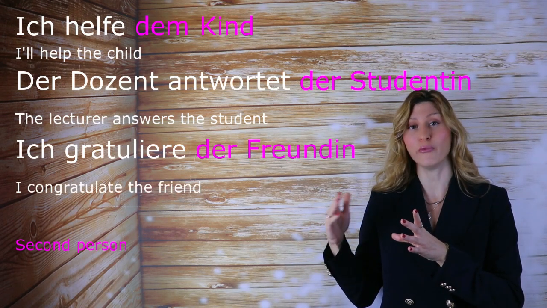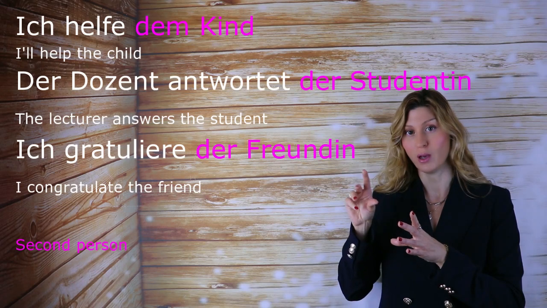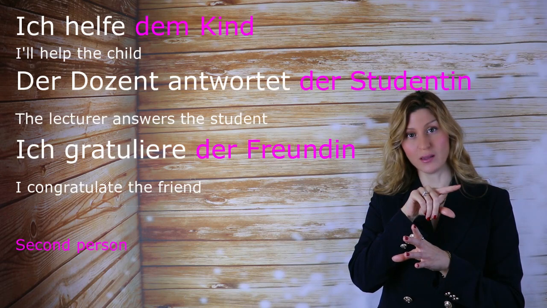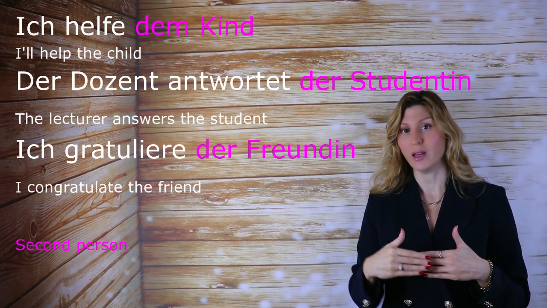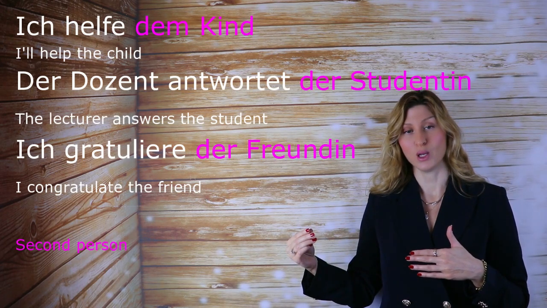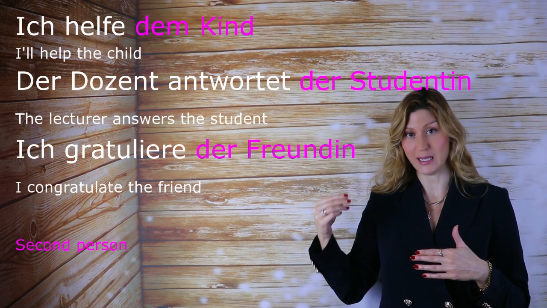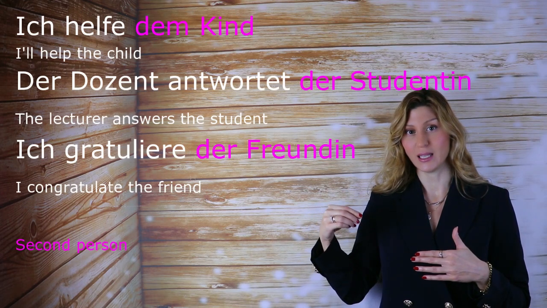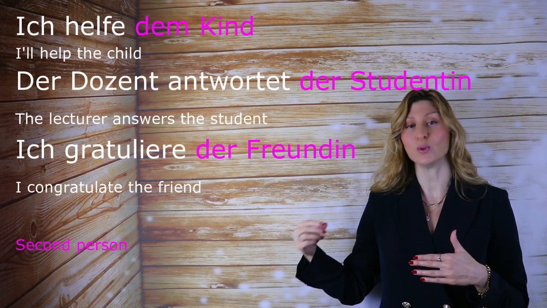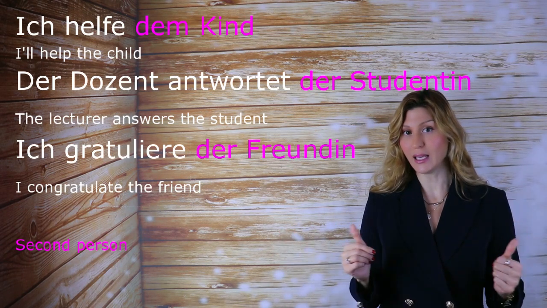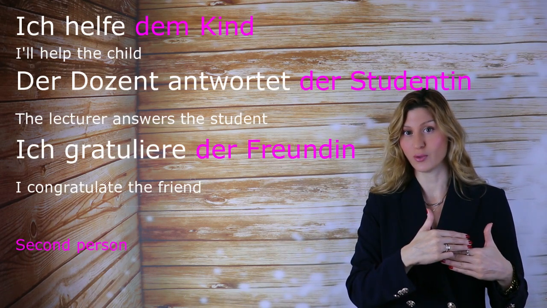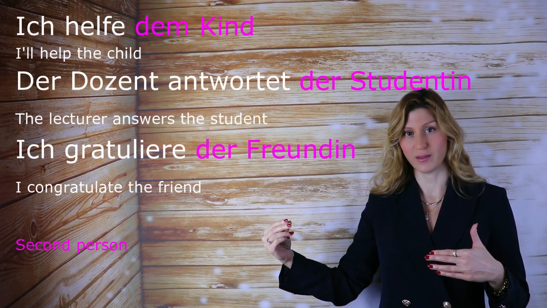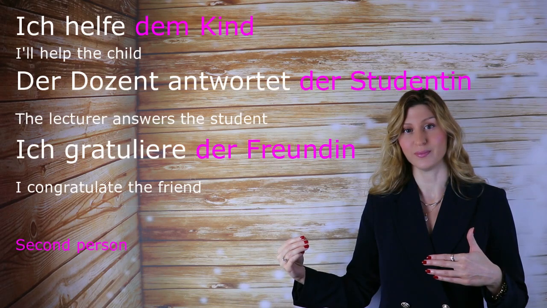Helfe is the verb, and the verb conjugates accordingly, depending on the subject. And then we have dem Kind. It's das Kind in Nominativ, and das is dem in Dativ, so dem Kind. And ich is the first person, so dem Kind is the second person, and it's Dativ.